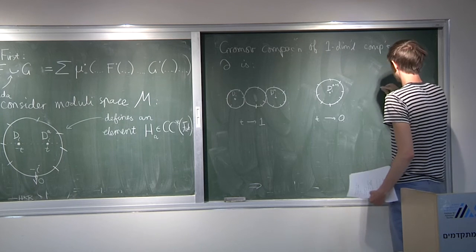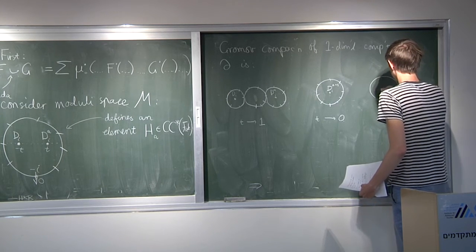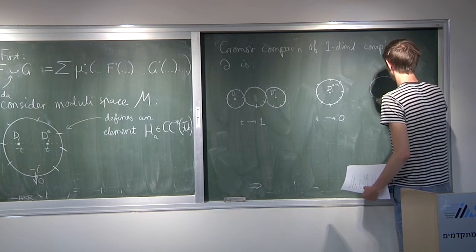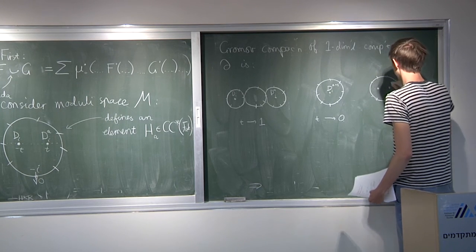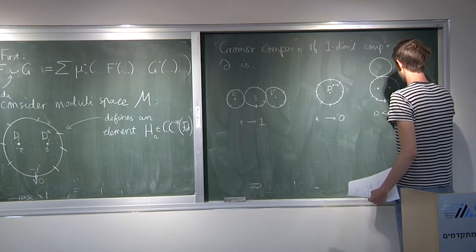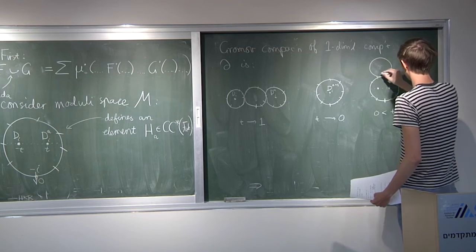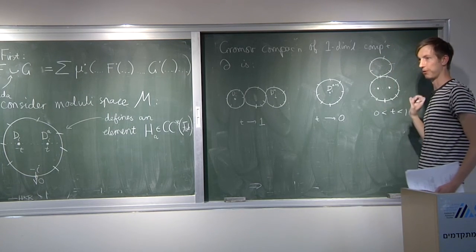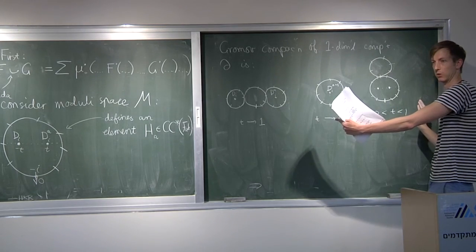And finally, you have boundary points where t is between 0 and 1, which is where a holomorphic disk bubbled off sometime in between those two.